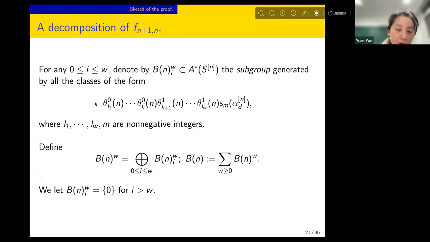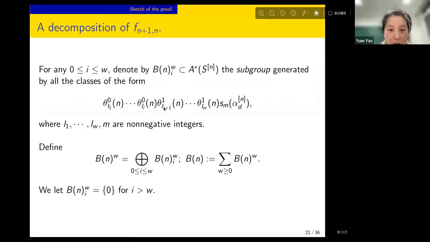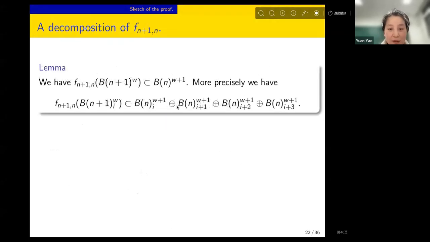You may increase theta 0, or you may increase theta 1. And also it's possible that you erase two thetas. You take 2 theta 1 and you get 3 theta 0.